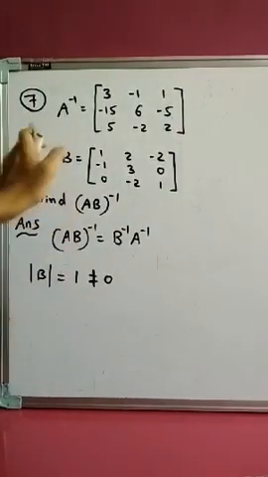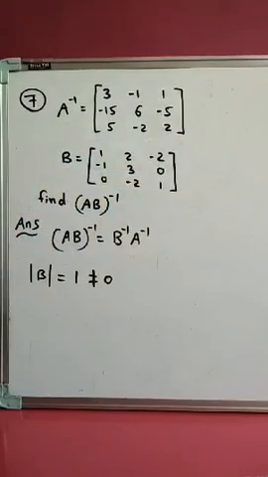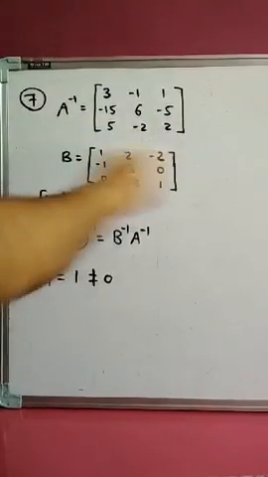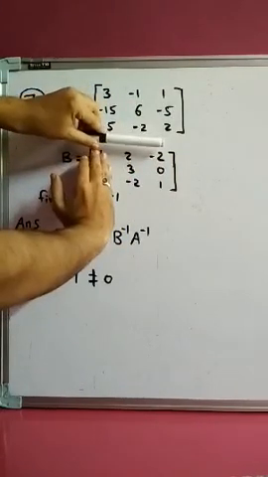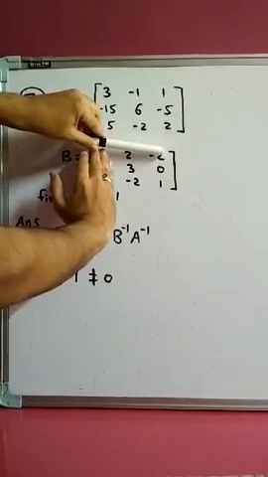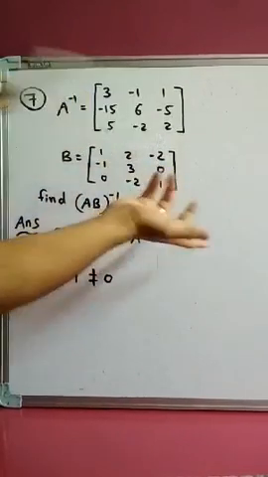Determinant B you can find from matrix B. If you are expanding along row 1, then the first element is 1, then you have to remove the corresponding row and column elements, 3 minus 0, and solve like that.